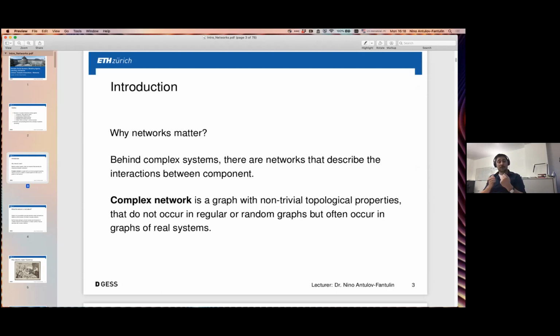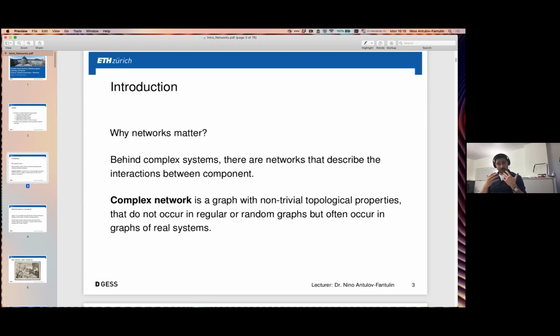The reason why we have two names is because two different communities were studying the same objects, and they were usually coming from different perspectives. Some of them were coming from the more theoretical side, trying to analyze mathematical structures and patterns that emerge in graph theory, and a different community came from a way to use tools that can better describe reality.